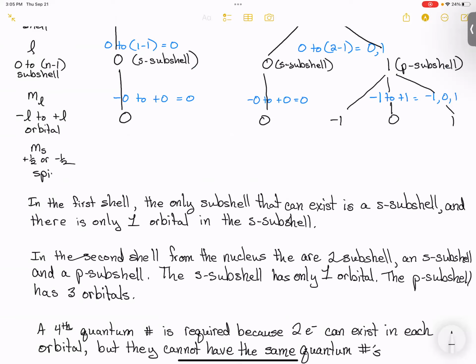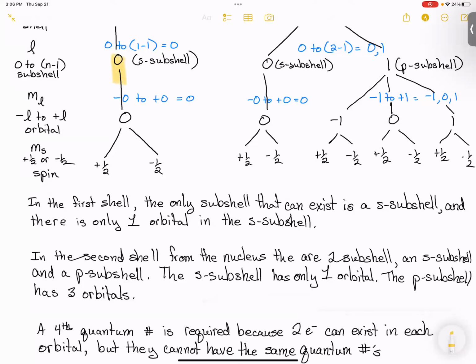Now, right off the bat, hopefully what you will realize is that if I have an S subshell, the maximum number of electrons I ever get is 2 in an S subshell.